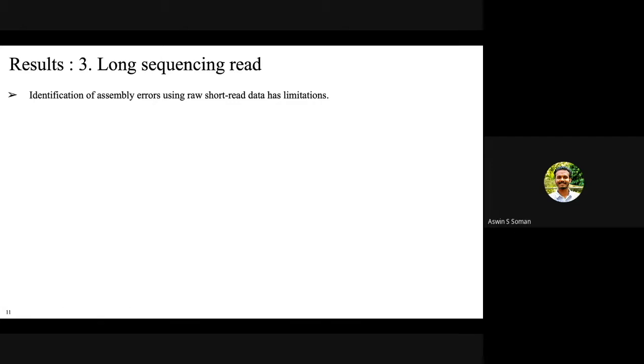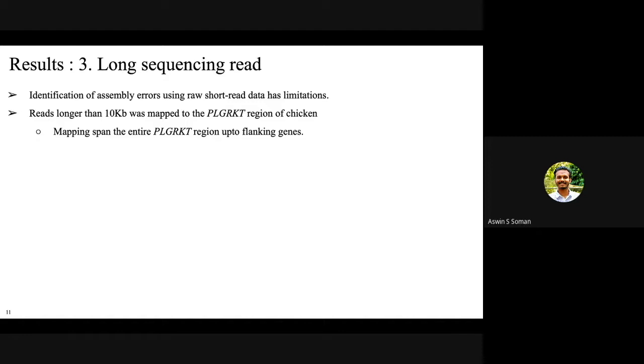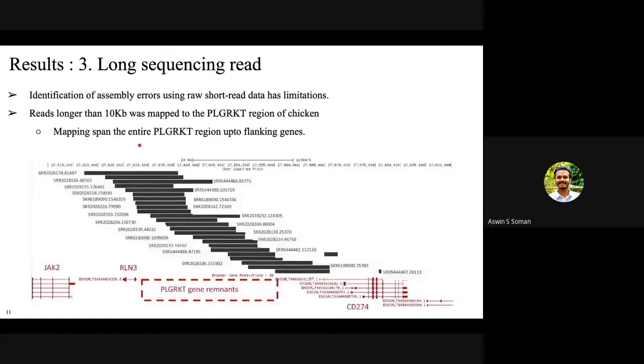So, to avoid such biases, we validated the correctness of the genome using long sequencing read data made from PacBio, and when reads longer than 10 kb were mapped to the PLGRKT gene of chicken, we could observe that the entire PLGRKT region, all the way up to the flanking genes on both sides, was spanned by these long reads without any gaps, which supports the long-range correctness of the chicken genome and that the changes and gene loss events that we identified in the sequence are reliable.